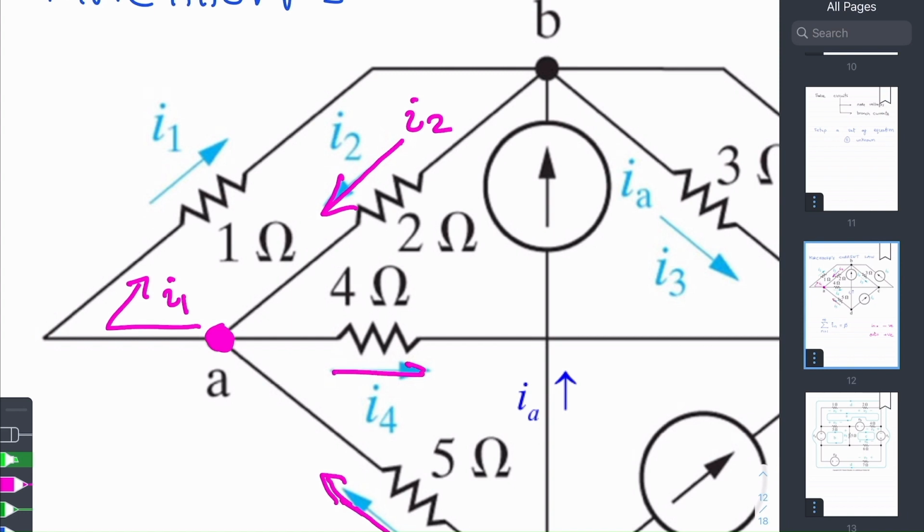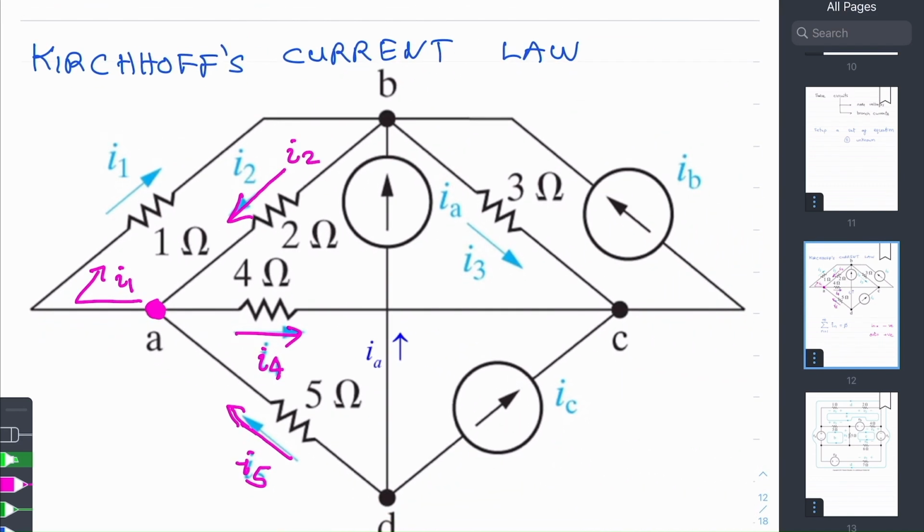And then I4. Okay, what KCL says, and KCL is a manifestation of the law of conservation of charge, is that at node A, if you sum all the currents, I1, which is positive because it's leaving, plus I4, that's a current leaving as well, then the current coming in is I5, so negative I5 and negative I2.